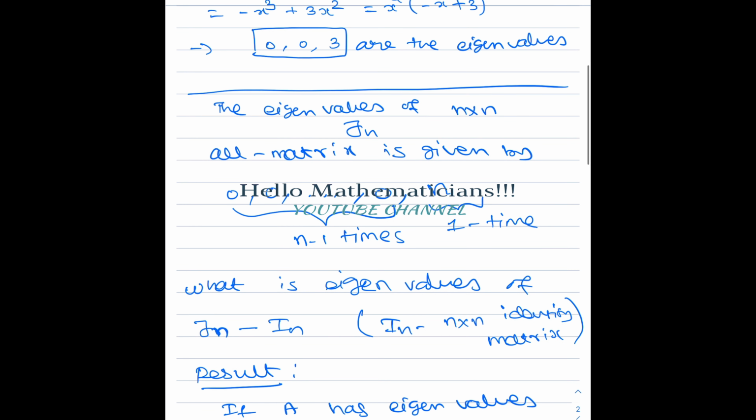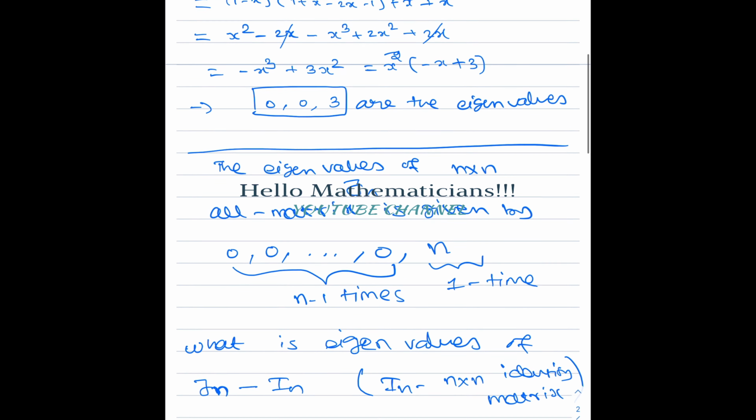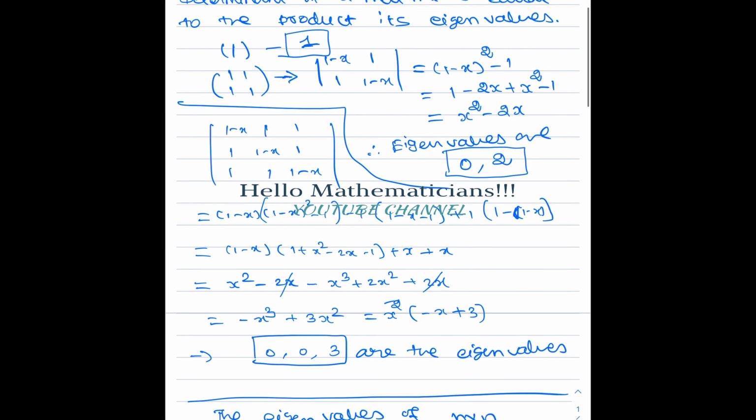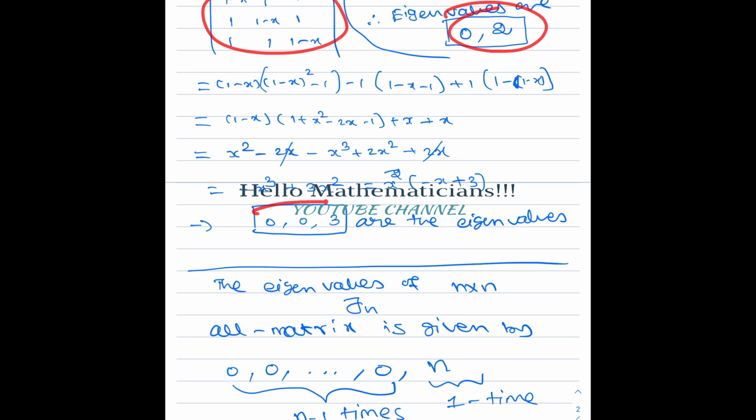Now one more thing. Here for the eigenvalues, the eigenvalue of the 1 by 1 all one matrix is 1, the 2 by 2 all one matrix is 0 comma 2, the 3 by 3 all one matrix is 0, 0, 3.